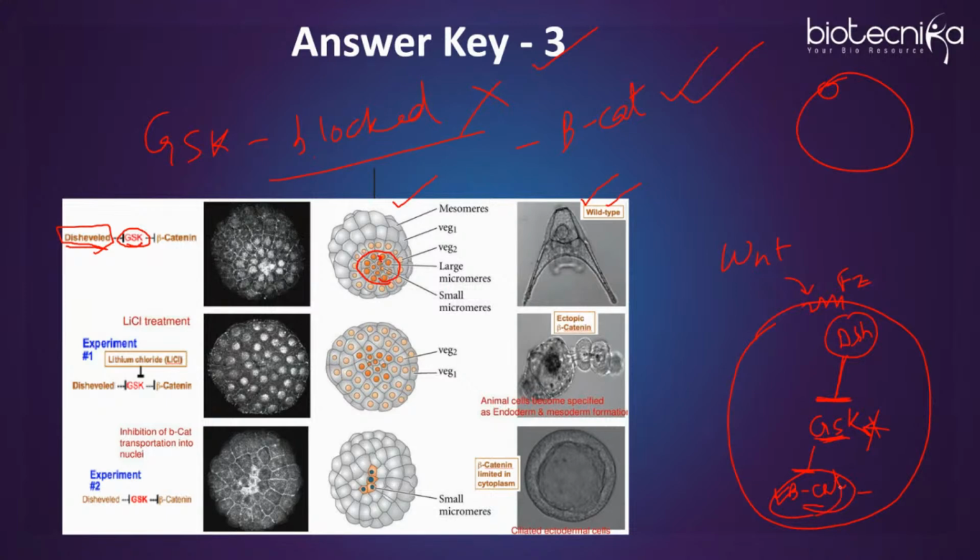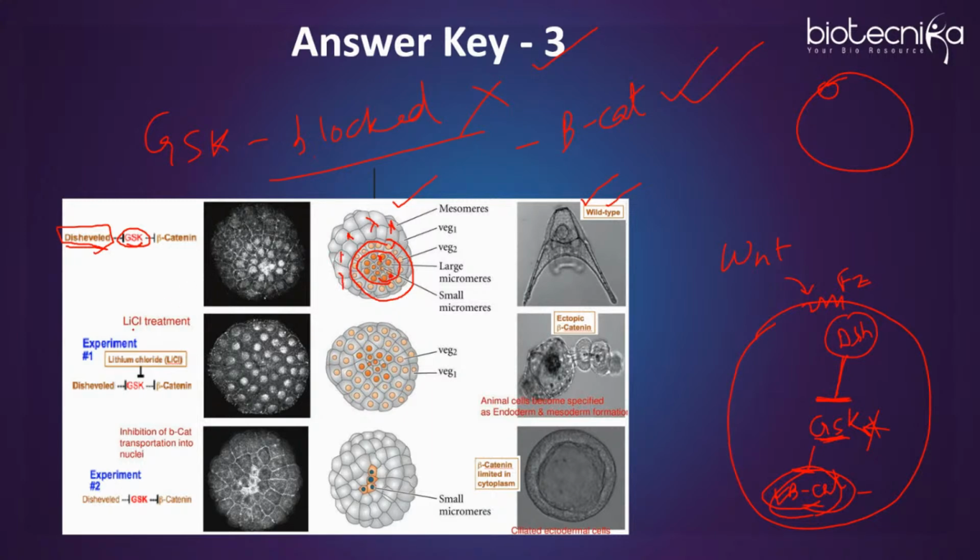Beta catenin is free in the micromeres, naturally free, so they can enter the nucleus, and that is shown here by orange color. Somewhat less in the large micromeres, small micromeres maximum. But you can see the rest of the embryo doesn't have beta catenin, right?